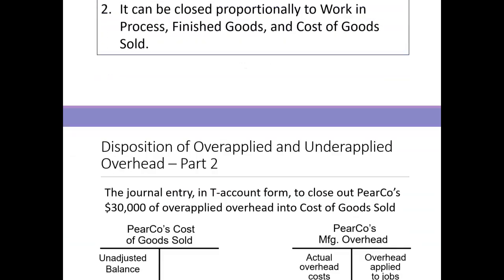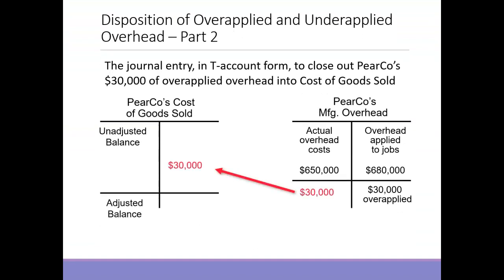Okay? The journal entry to close out Pearco's 30,000 of overapplied overhead would be, we debit the manufacturing overhead to zero it, and we'd credit the cost of goods sold, which would basically reduce the cost of goods sold. We had it too high. Okay?